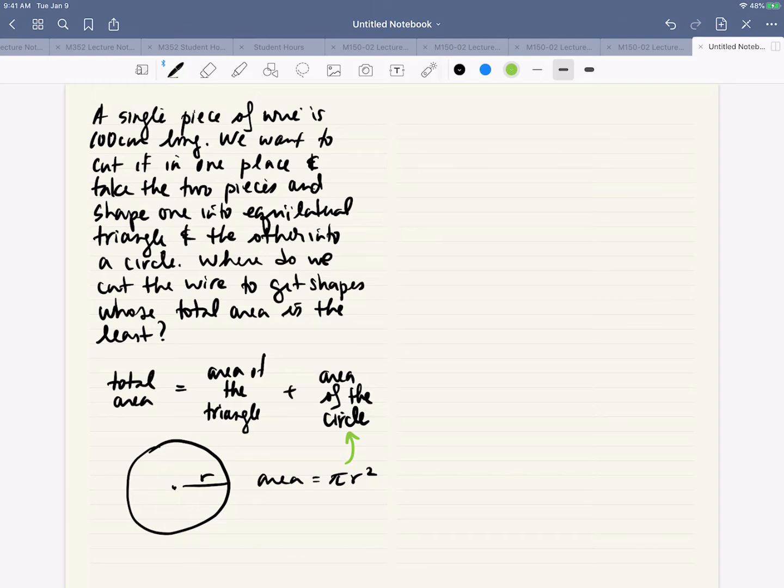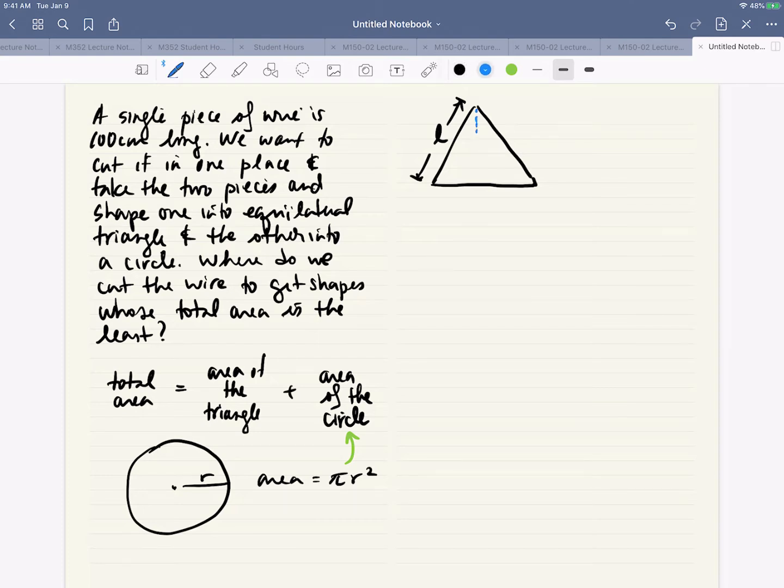How about the area of an equilateral triangle? Well, if I have an equilateral triangle, here's my best attempt to sketch it. And if I say the side length is length L, so we're not mistaking what L stands for, what's the area of the triangle? Well, I know the area of a triangle is 1/2 the base times the height.